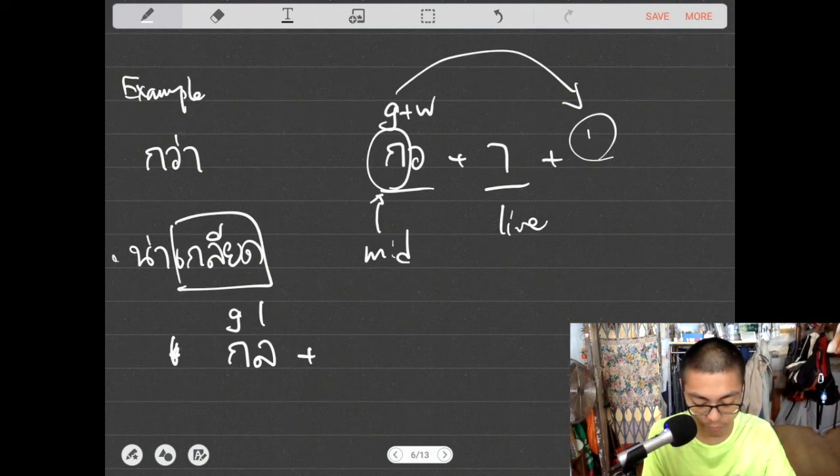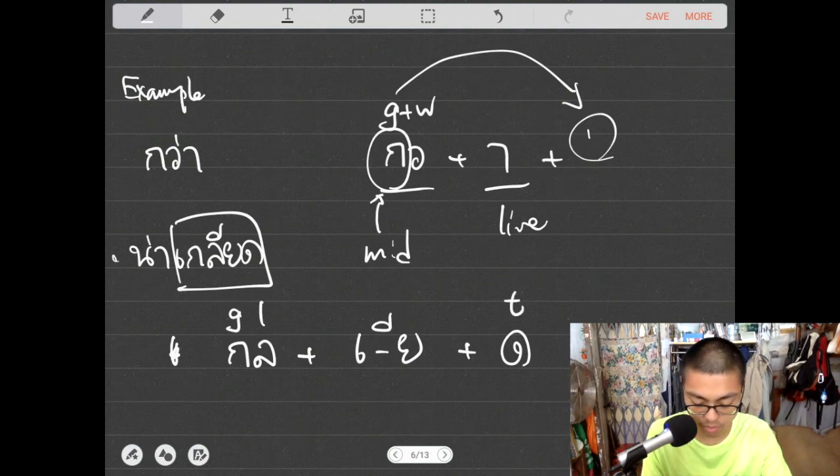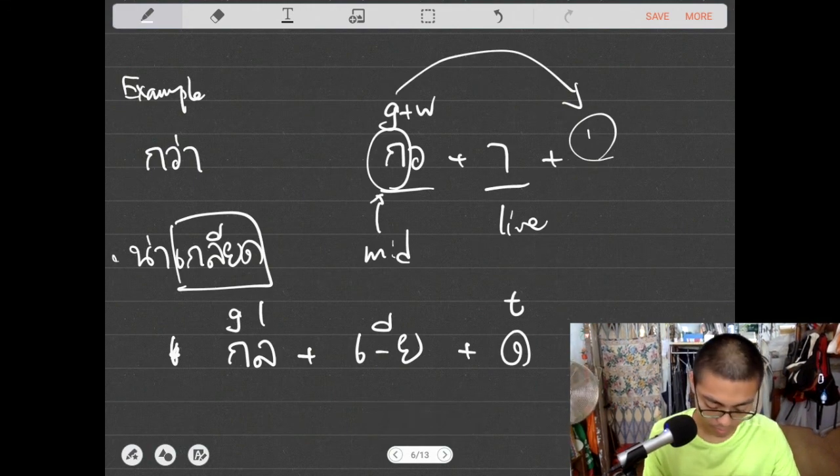Then we have the vowel สระอี. Then we have a final consonant, which is ด เด็ก. Because it is a final consonant, we can think of it as a T stop, T at the end. So we put everything together, because we don't have a tone mark here.